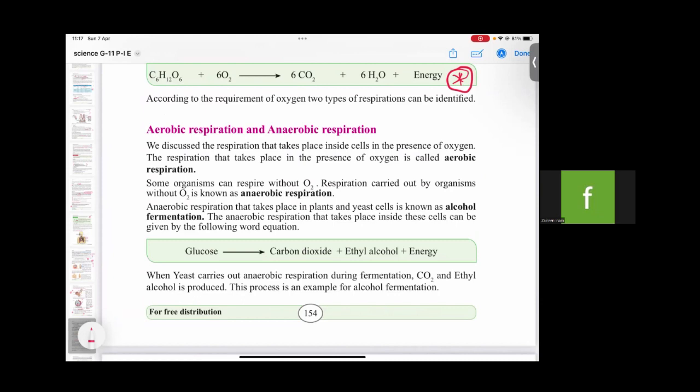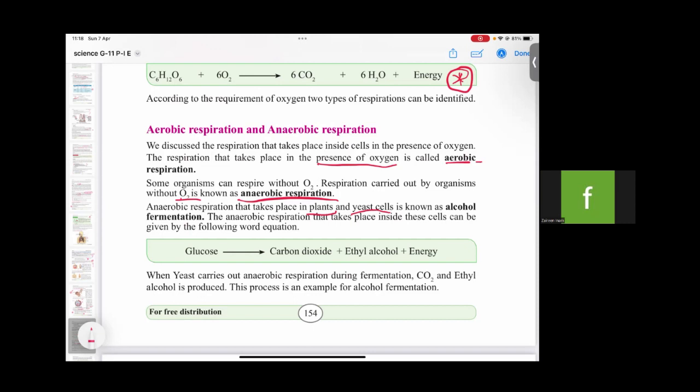So the respiration that takes place in the presence of oxygen is aerobic, and the respiration that is carried out by organisms without oxygen is anaerobic respiration. So the anaerobic respiration, you have many times, you have very special names for them. Let's see the anaerobic respiration that takes place in the plants and yeast cells. You know, yeast cells where we put inside the dough to make it puff.